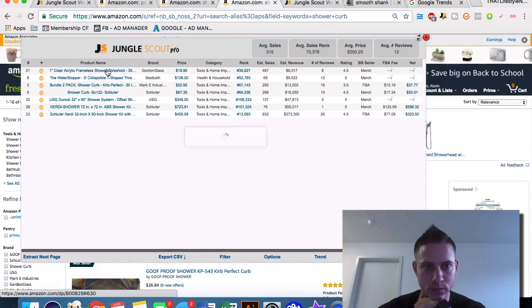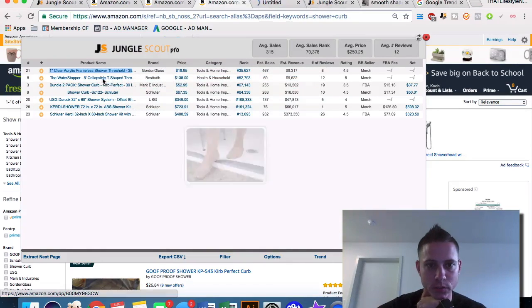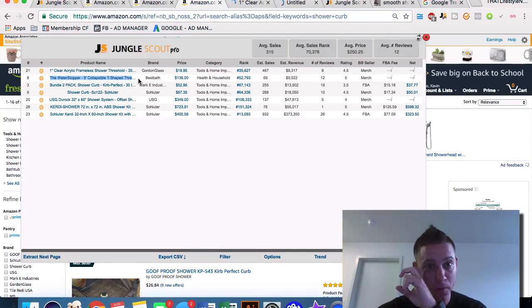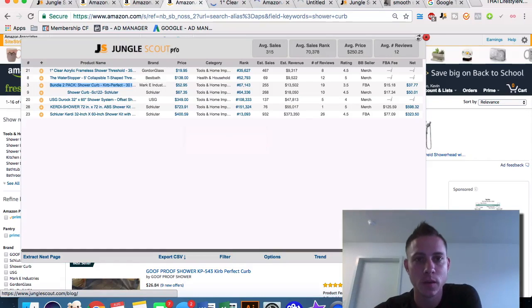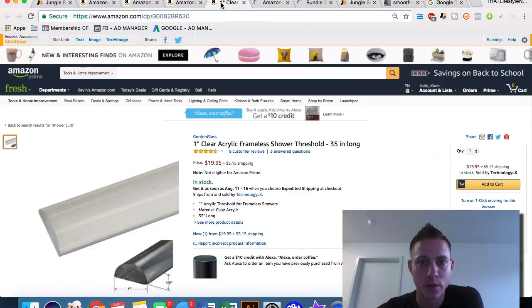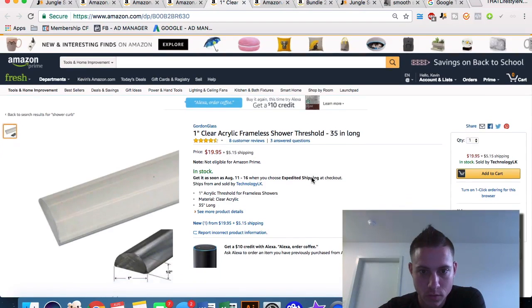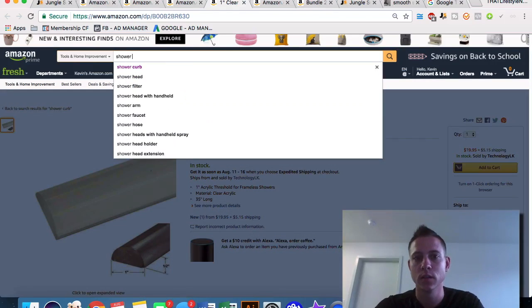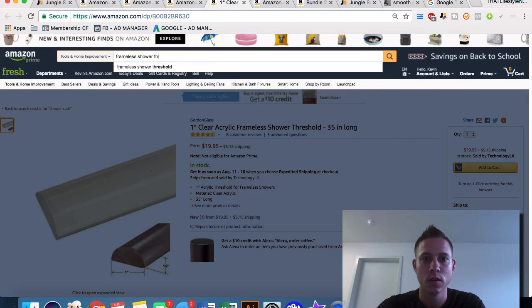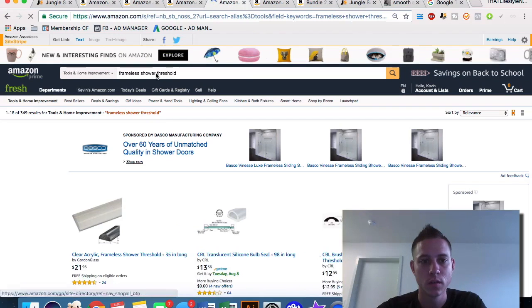Let's take a closer look at a couple of these. So $138 bundle pack. So these kind of look like maybe things that contractors might buy who are building out showers or something like that. Let's look at a frameless shower threshold.